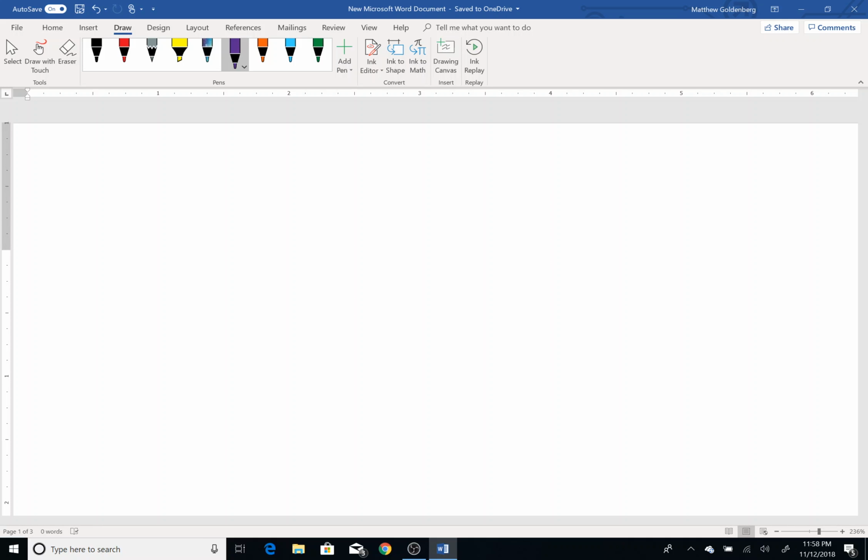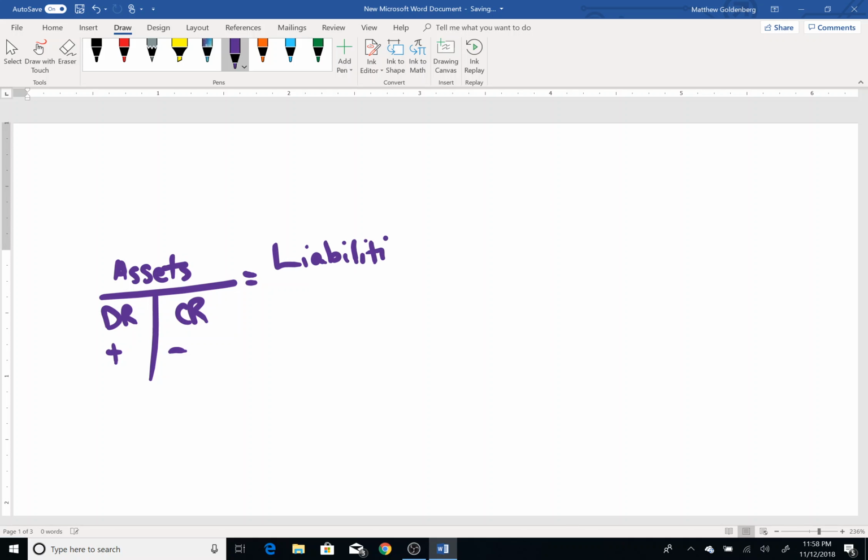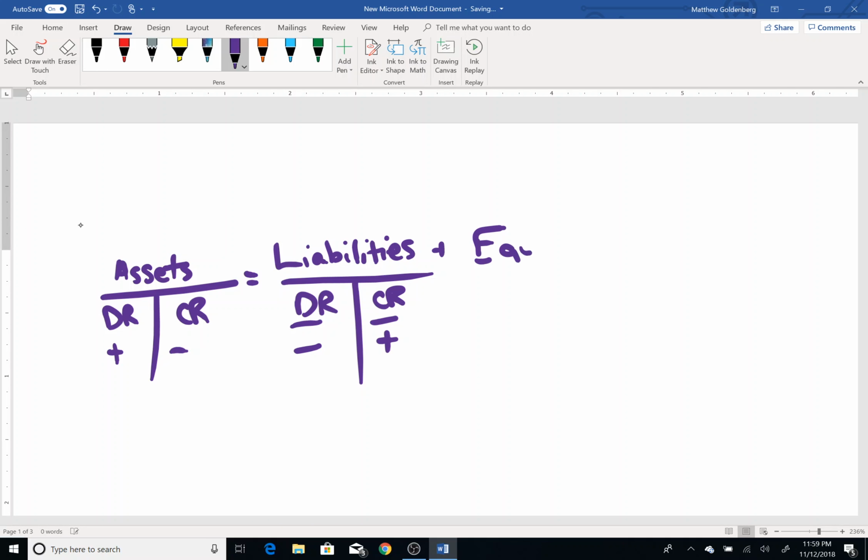You have assets and debit, credit, positive, negative, equals liabilities, what you owe, and with what you owe, those companies that you owe to can take a chunk out of your assets if you don't pay at all, plus equity, which is what stake owners or stockholders own in the business, and any reinvestment.